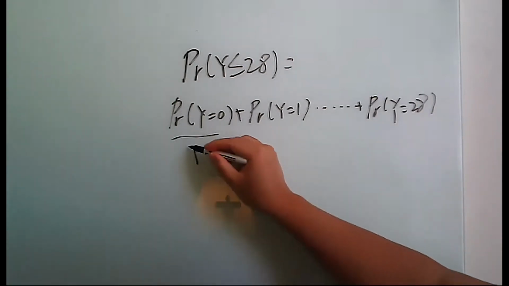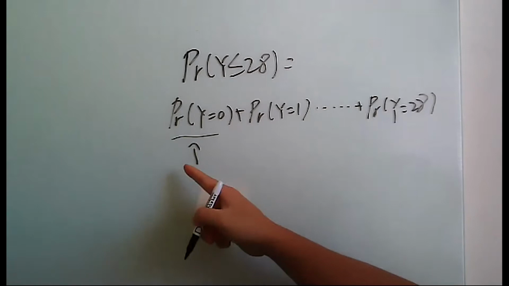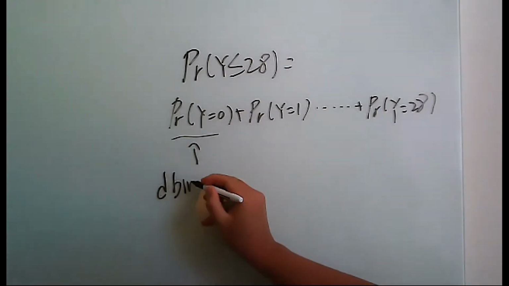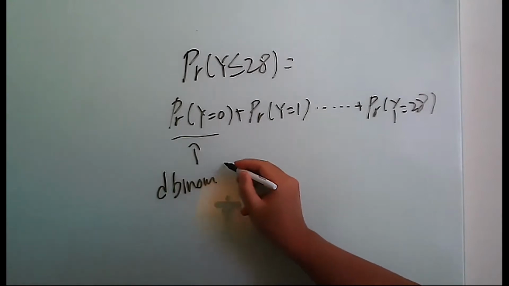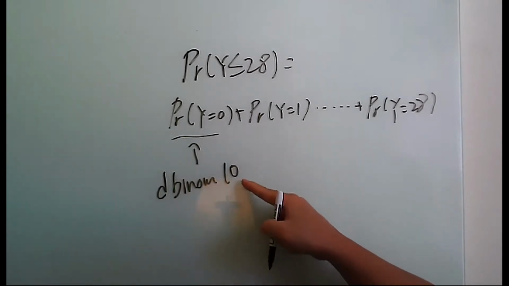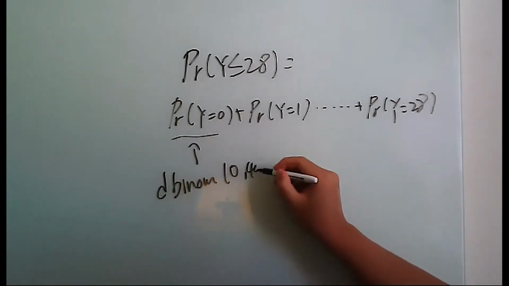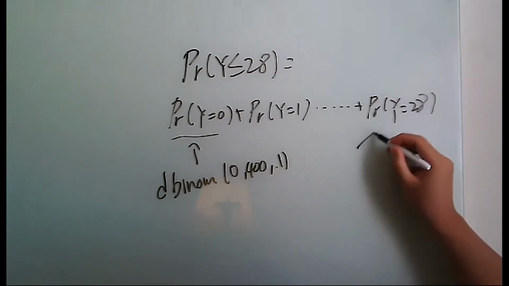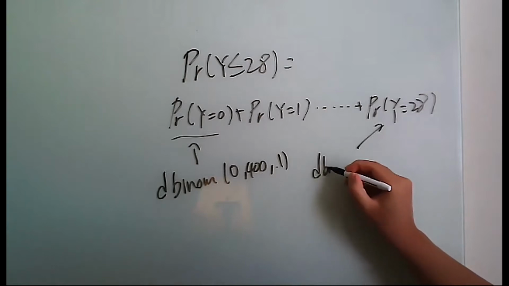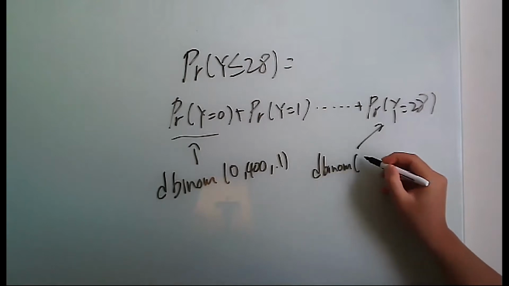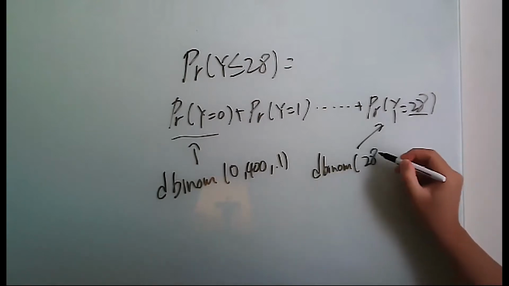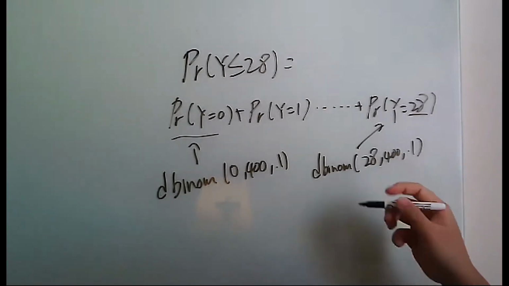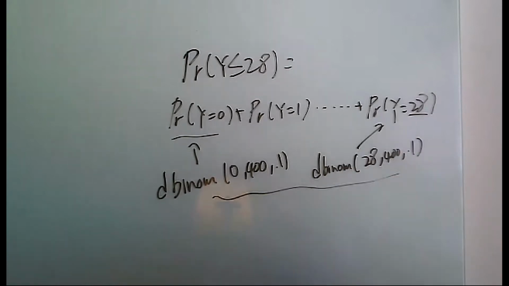Each of these probabilities can be calculated using, for example, dbinom of 0, because Y equals 0, comma, 400 sample size, comma, 0.1. This one, for example, is dbinom of 28, comma 400, comma 0.1, right? The summation of these would give you the answer.